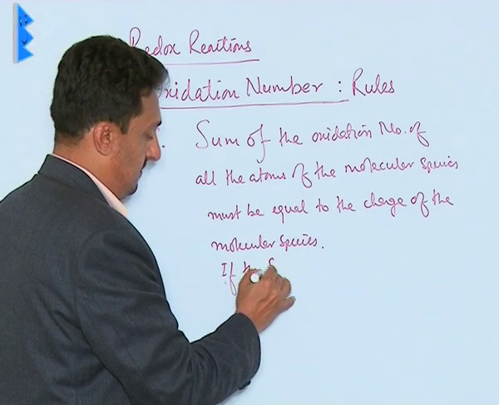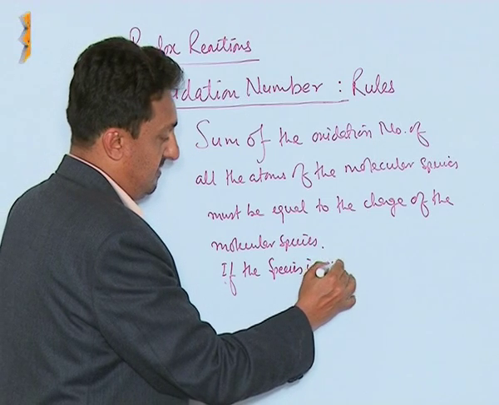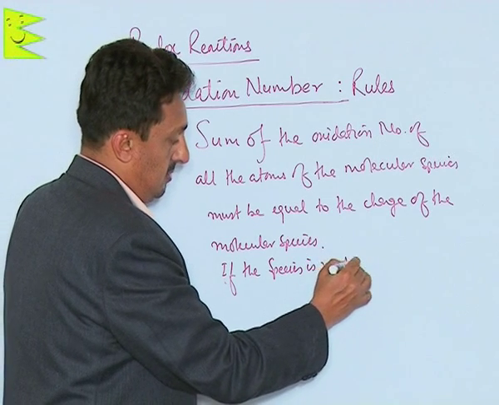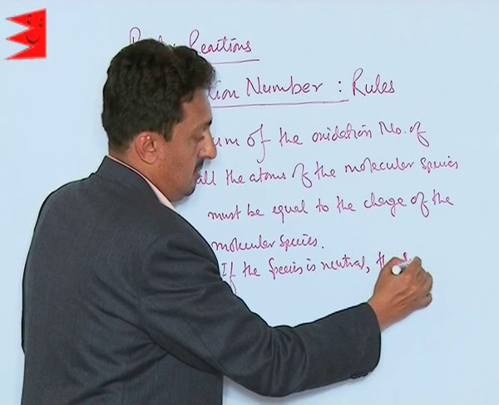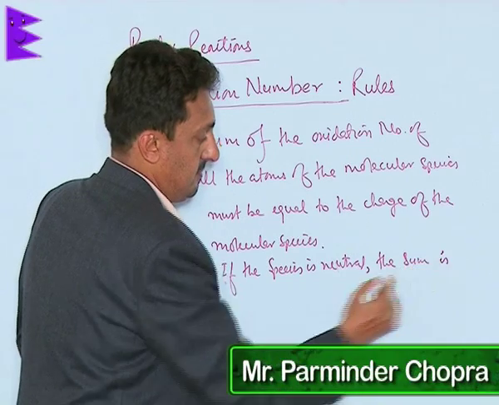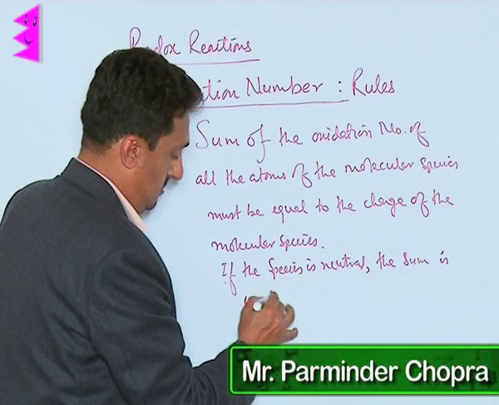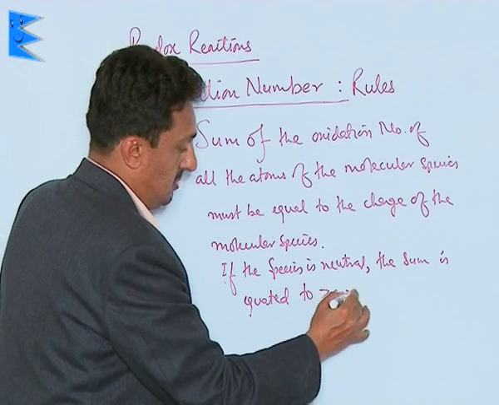If the species is neutral, the sum is equated to 0.